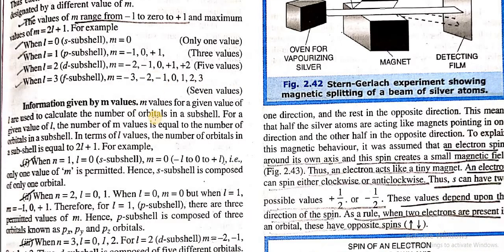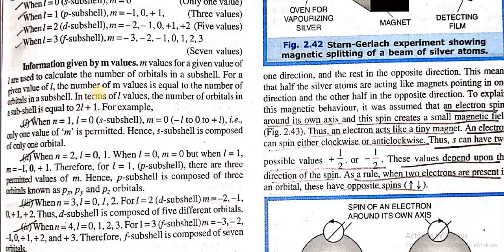Got it? Now, what information is given by this magnetic quantum number? When n equals 1, L equals 0, and m equals 0. Only one value of m is permitted, and the s subcell is composed of only one orbital.